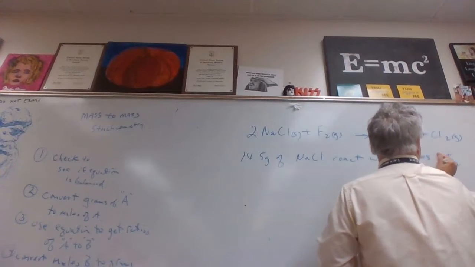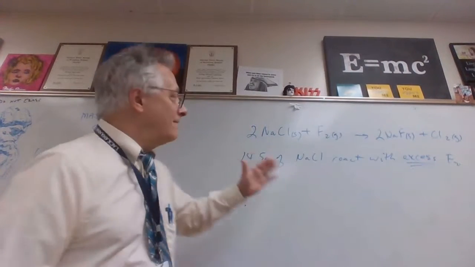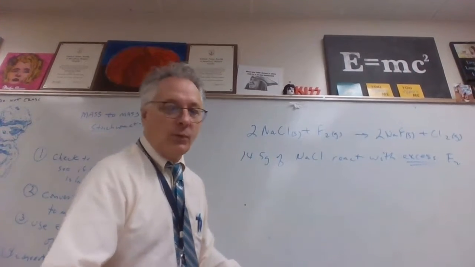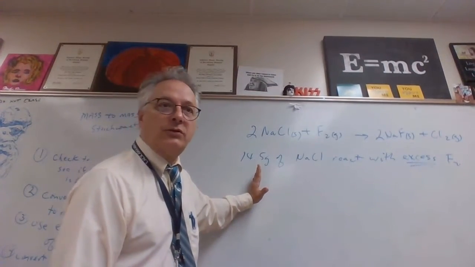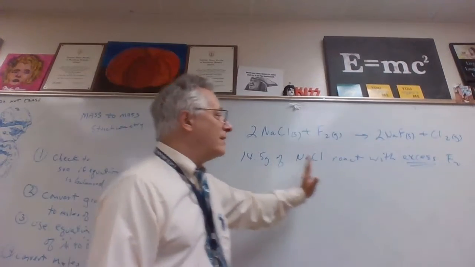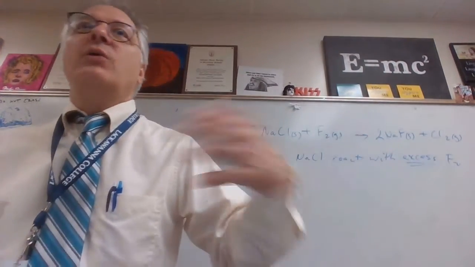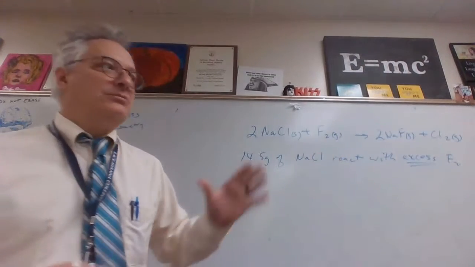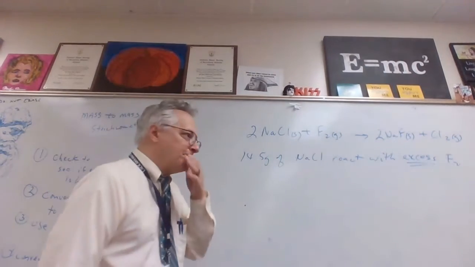That word excess meant that we had 14.5 grams of sodium chloride, one of the reactants. The other reactant was in excess, which means that we had plenty. We had so much that you don't have to worry about it in a calculation.